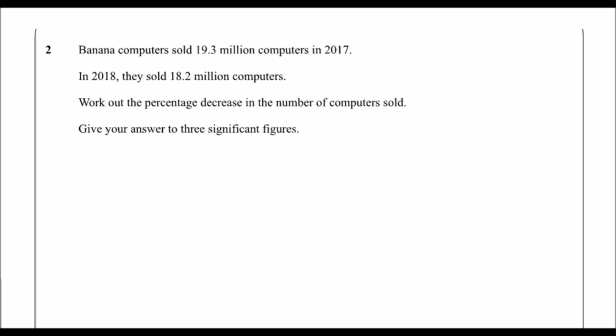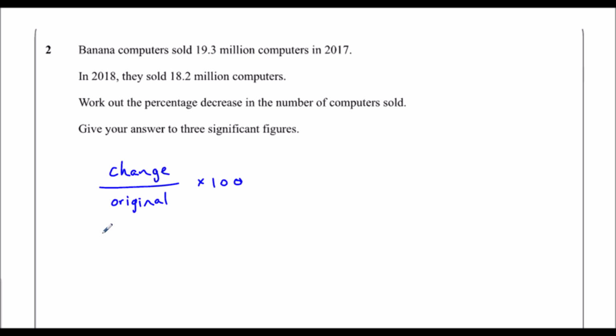So whenever we're calculating a percentage decrease, any percentage change, we do the change over the original times 100. So for the amount it's changed, we can do the new take away the old.